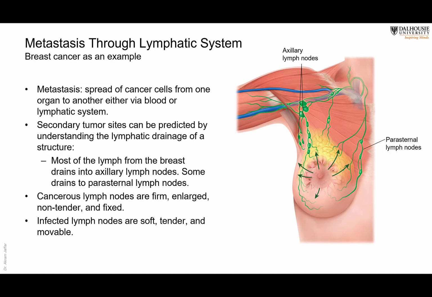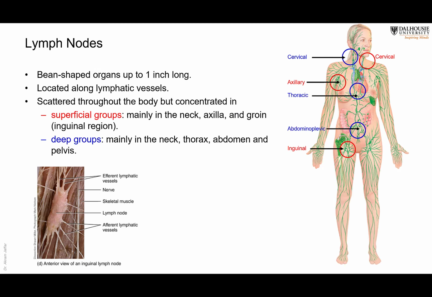And there are certain clinical features to give an indication whether the enlarged lymph node is cancerous or it is infected. So as you can see here, cancerous lymph nodes, they are non-tender, they are fixed, while the infected nodes, they are a little bit softer and they are tender, and they are movable. So the lymph nodes filter the lymph, and not all the lymph nodes are palpable because some of them are deep.